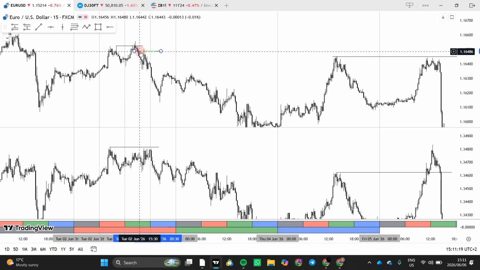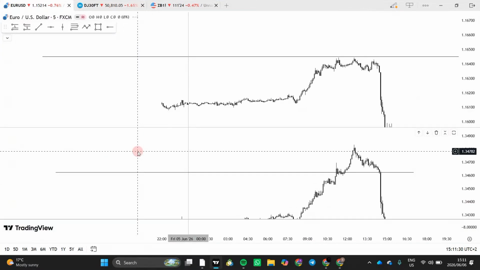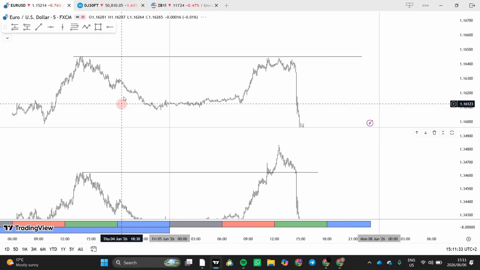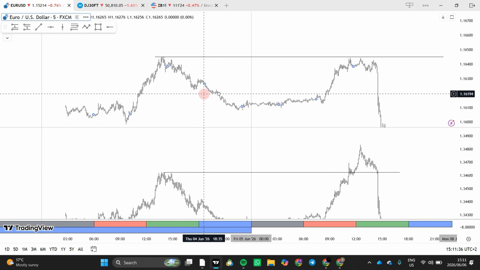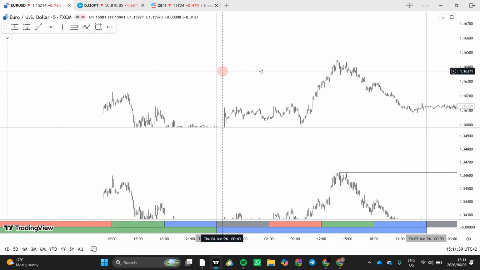So this was sequential SMT on our daily quarters right over here between Q2 and Q3, between London session and New York session. Now going down to the lower time frame and checking what happened inside Q3, inside New York session.